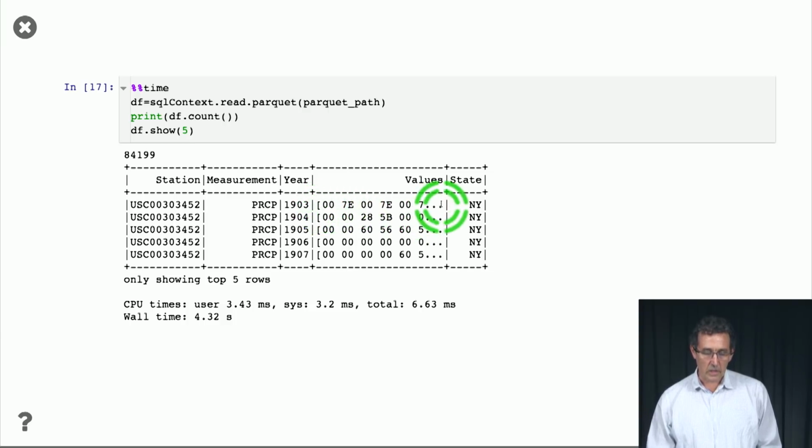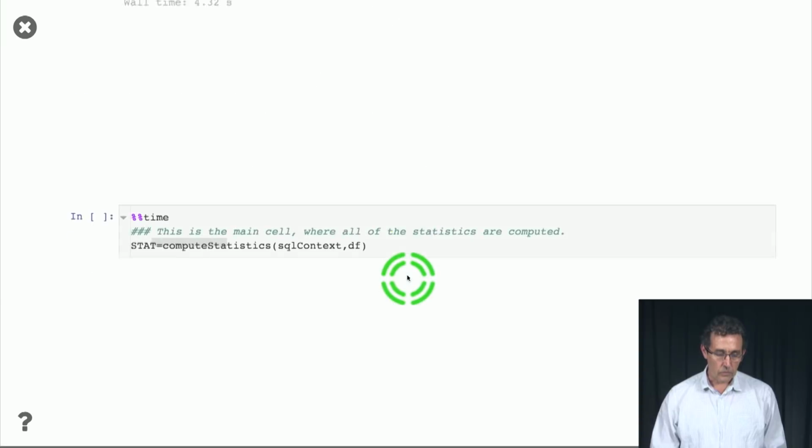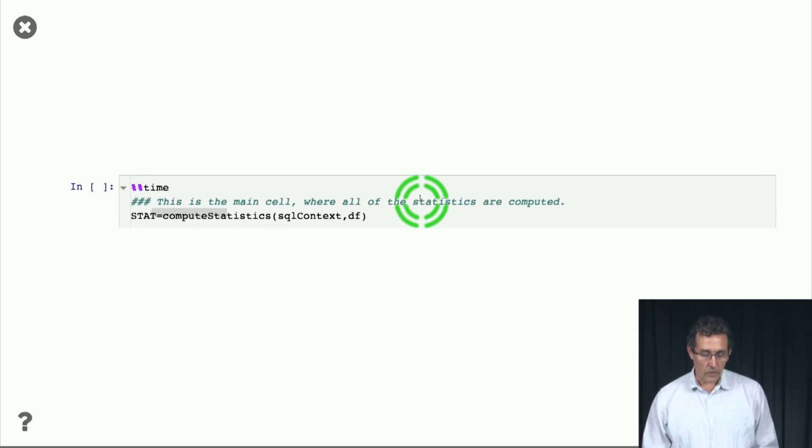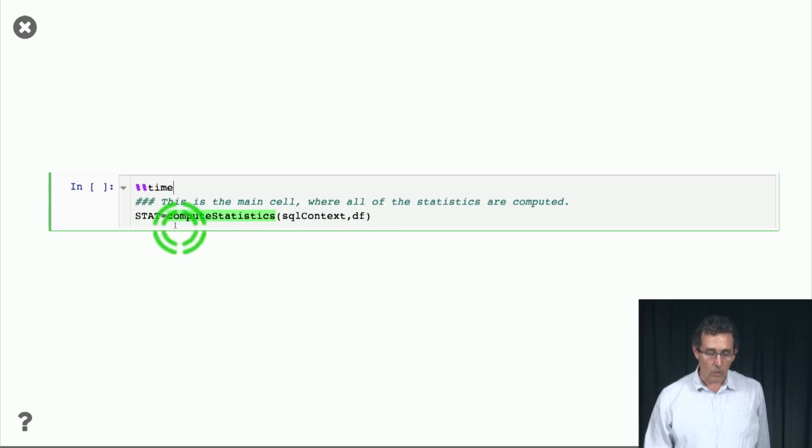But we represent them as byte arrays because that's one of the types that data frames can use, and they don't understand directly how to use NumPy arrays. But the transformation is really just a type change. Okay, so in this cell is basically all of the work of this notebook.